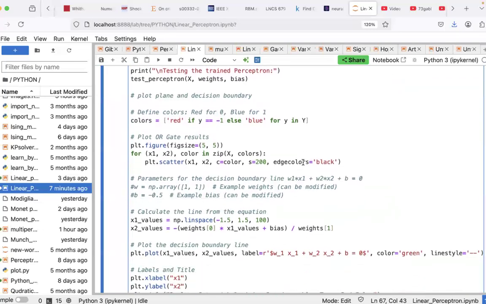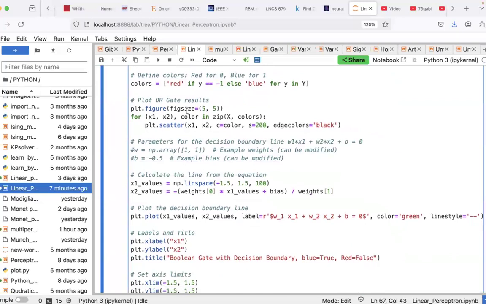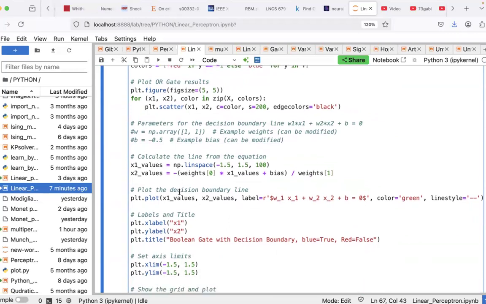And then, for clarity, I also plot the data points in the input space, x1 and x2. This is basically all the Python code to do that. And I also plot the decision boundary line, which is basically this equation equal to 0, because now that we trained the weights, we know what the weights and the bias are. In order to plot this line, you see that I write x2 equal to minus the weight w1 divided by w2 and so on.